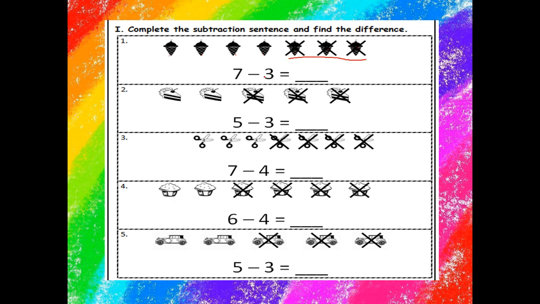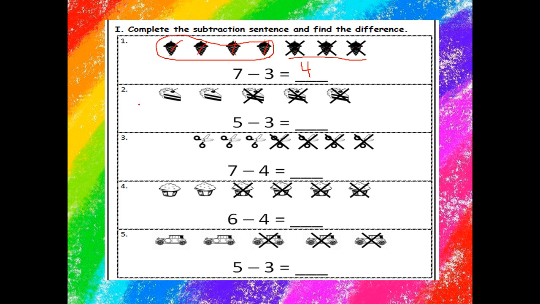So we take away 3. And we are going to count the number of ice creams that are left without x. So 1, 2, 3, 4. So we will write here number 4. Okay, so it means 7 minus 3 equals 4.